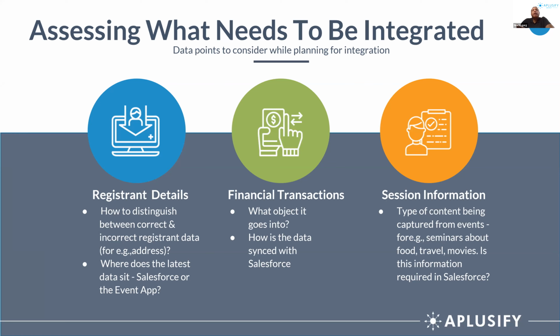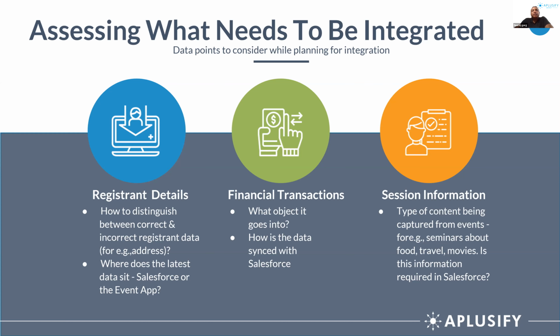If you are using an AMS or Salesforce or an event app, you may have duplicate information, because the same registrant information may be lying in your AMS system and also in your event app system. So you need to understand where the source of truth is, which system has the latest data.